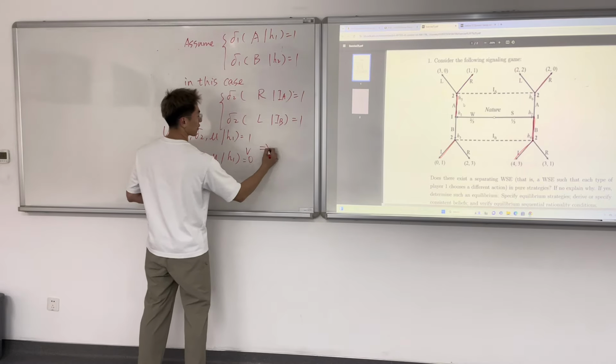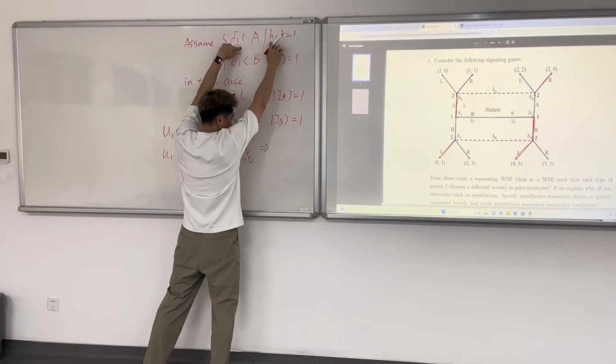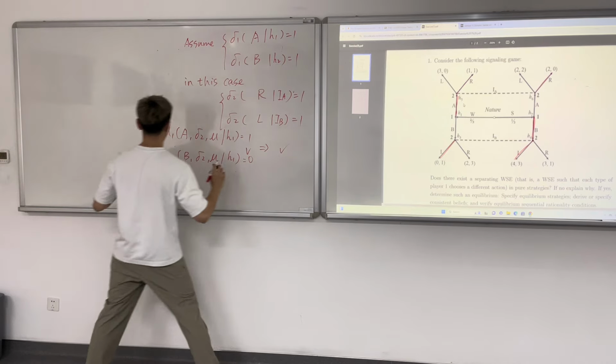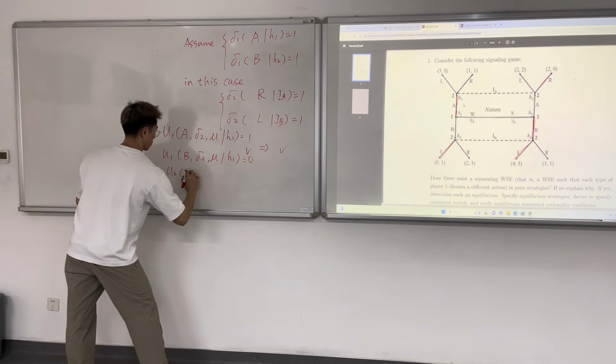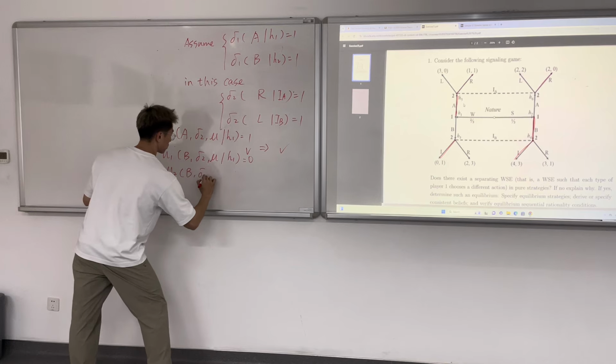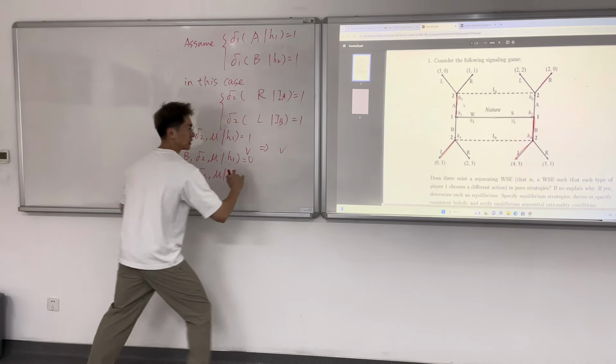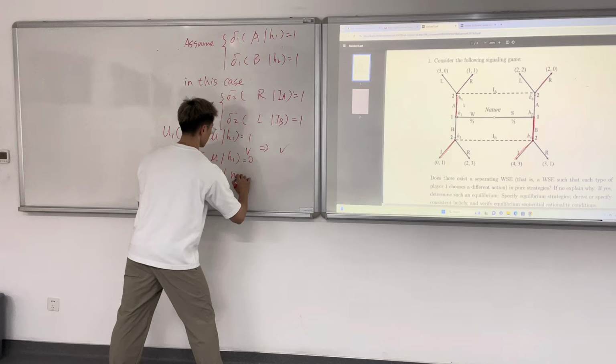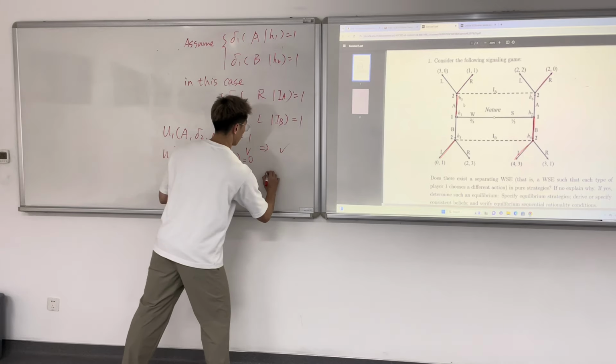So we know that this assumption sustains, okay? And the same for playing B, given sigma 2 and mu, at decision point H2 equals 4.